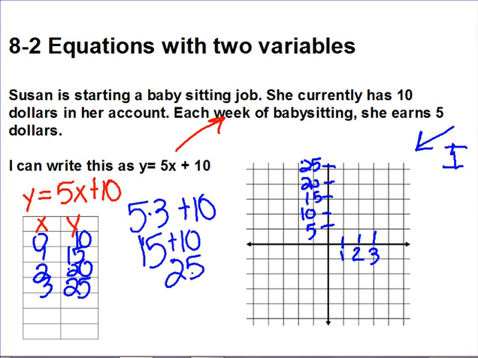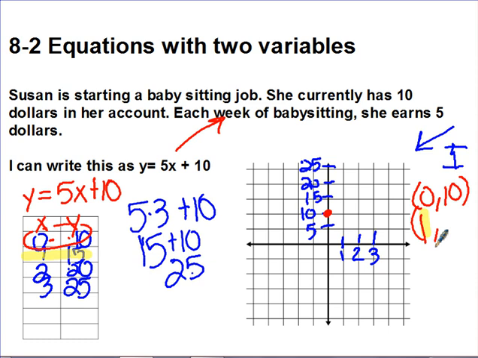The first point is 0 and 10. I can write that as an ordered pair, 0, 10, which means at 0, I don't go to the right or the left, and then on the y-axis I go up to 10. The next ordered pair on my t-table is 1, 15.